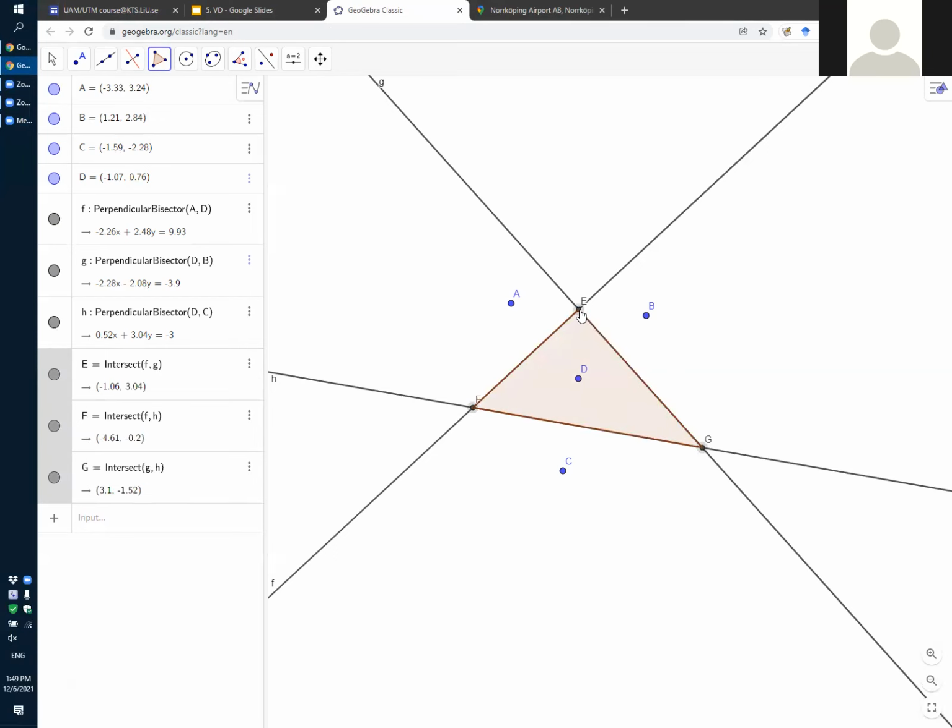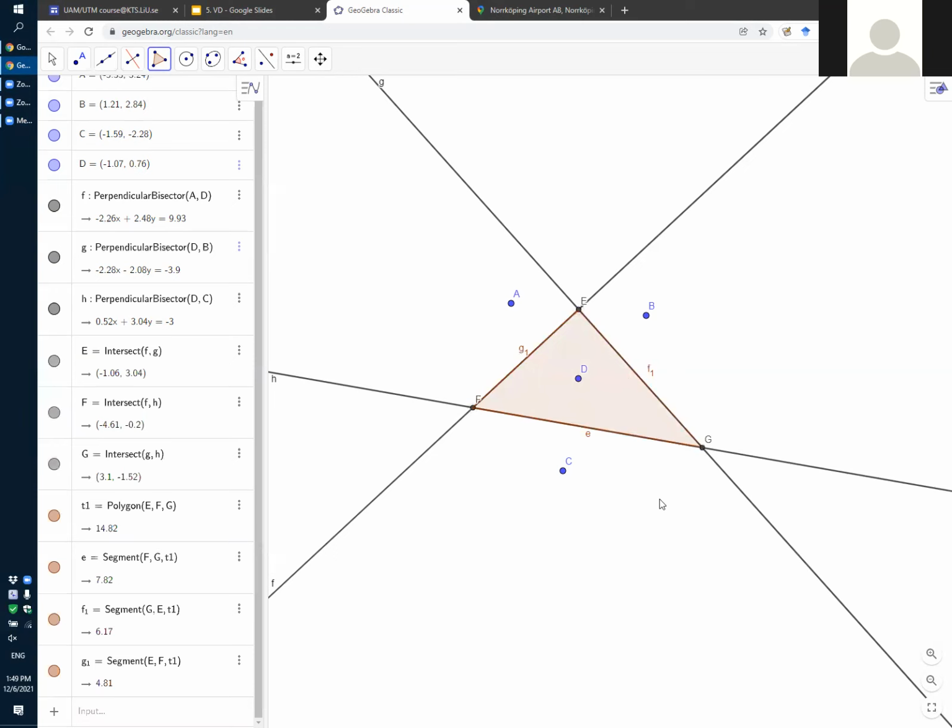I think I still have to click here. So this red shaded thing is the Voronoi cell of D in the set of sites A, B, C, and D.